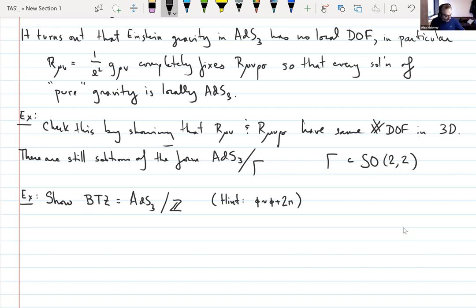Now, of course, pure gravity is a relatively simple theory, where every solution is locally trivial, locally AdS. But if you add matter, of course, solutions of the Einstein equation plus matter are not, in general, just going to be locally AdS.